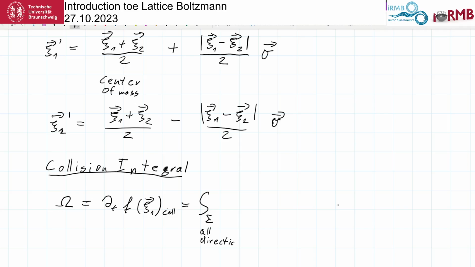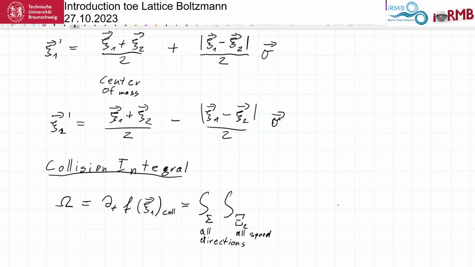We're doing statistics, right? All possible directions. And we integrate over C2. Now I hope I'm not confusing you with the Greek letters. The first is a capital sigma and the second is a capital Xi. So this is all the directions of the second velocity.